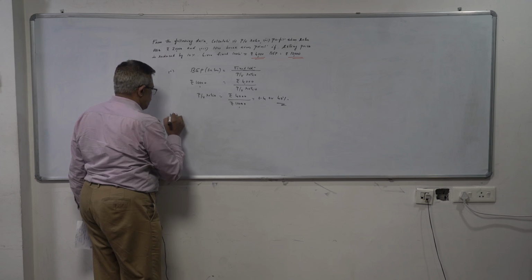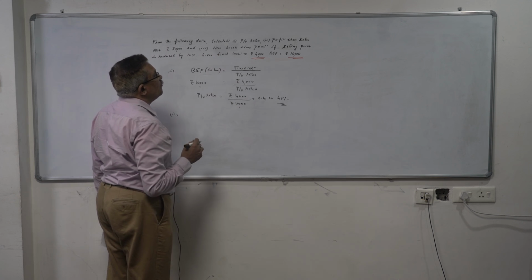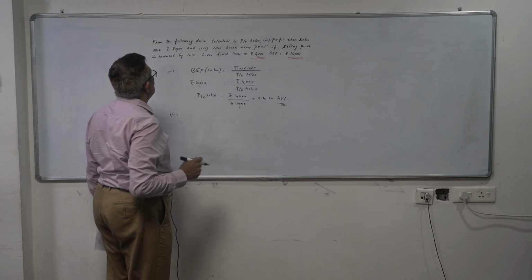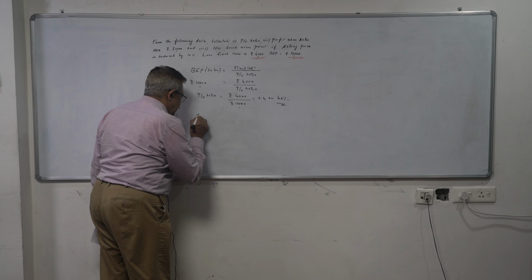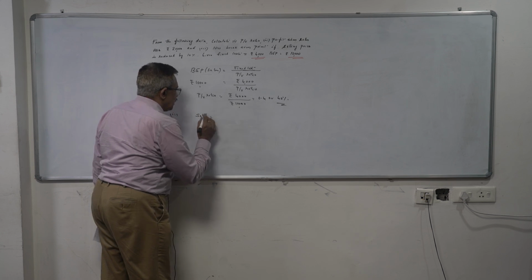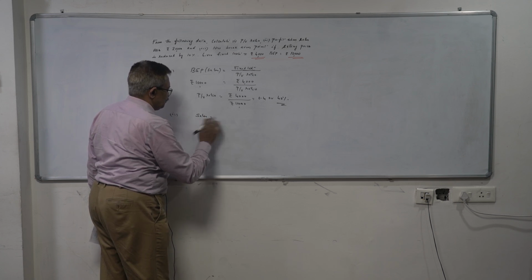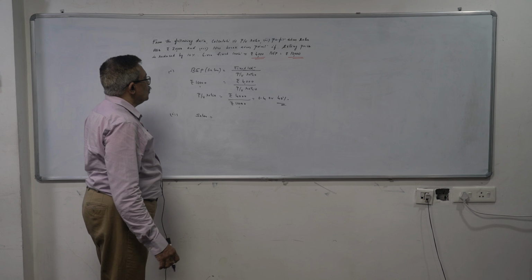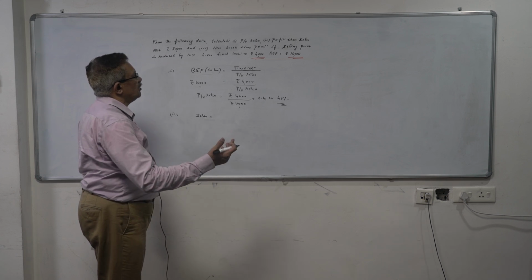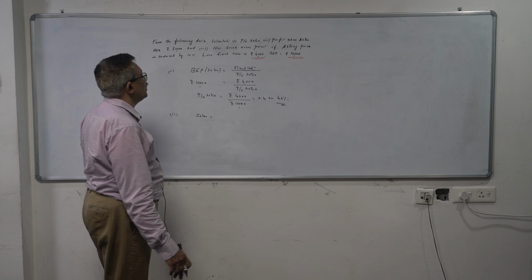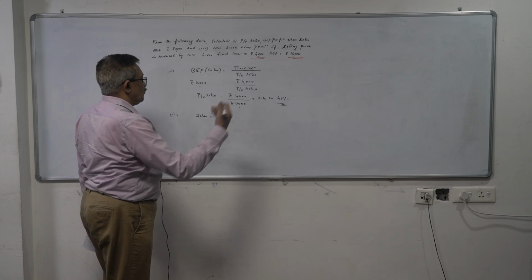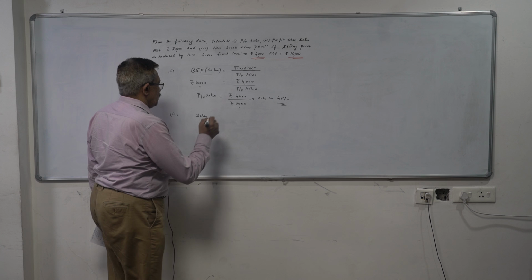In the second bit, he is asking us to find out the profit when sales are equivalent to 20,000. So he is asking us to find out the profit given certain amount of sales value. So by using the extended formula of the break-even point, which we have discussed earlier, we can find out the profit. So how?